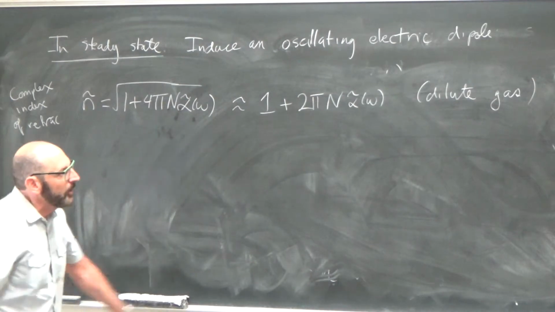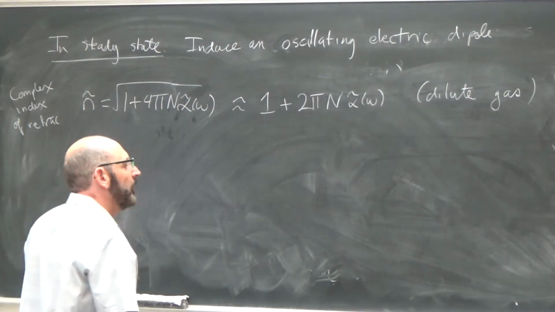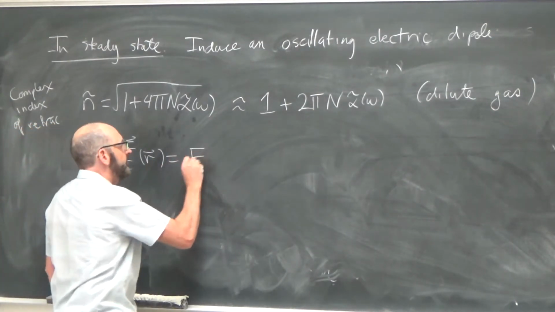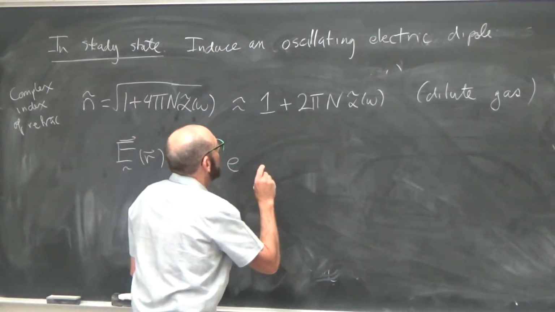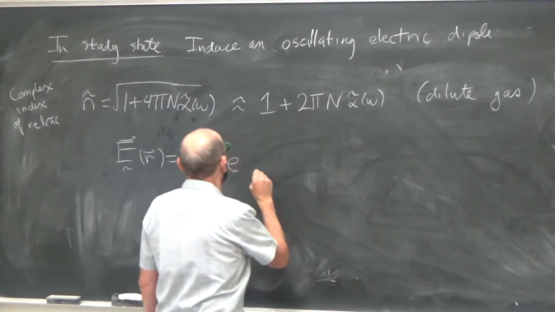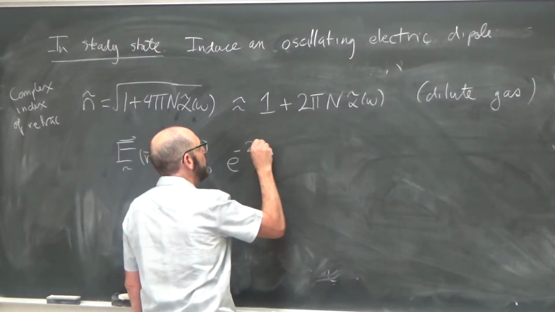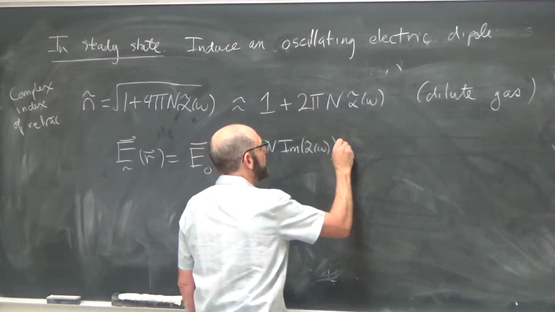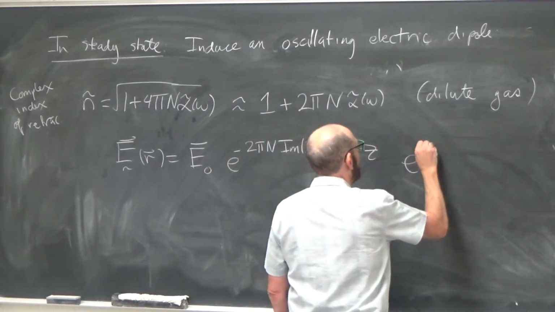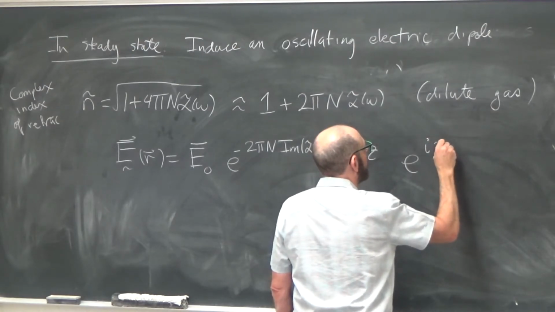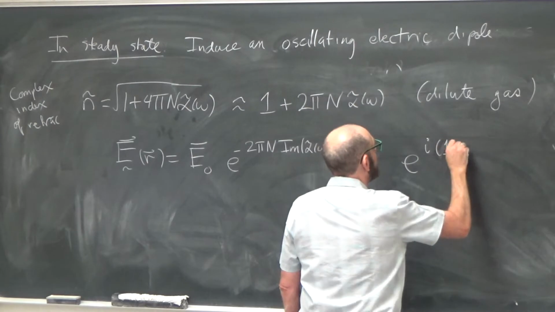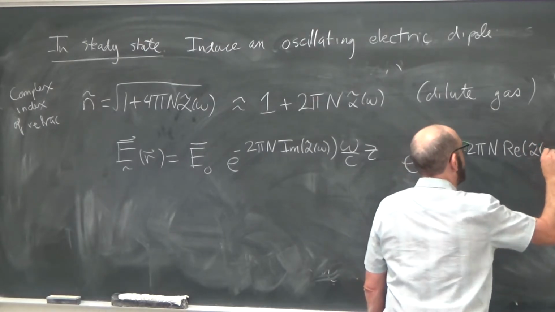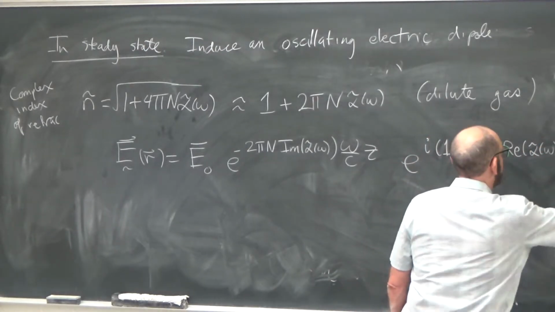So with that said, what we have over here, our electric field complex amplitude is E naught, e to the minus 2 pi n times the imaginary part of alpha times omega over c z, e to the i times 1 plus 2 pi n the real part of alpha omega over c times z.